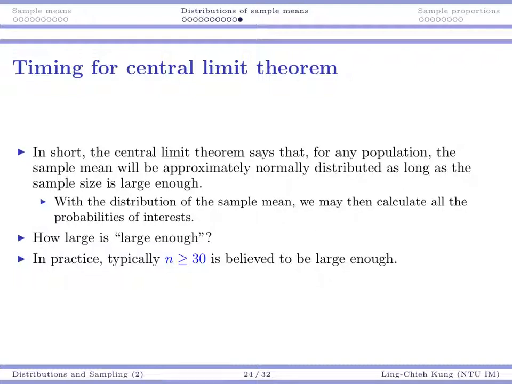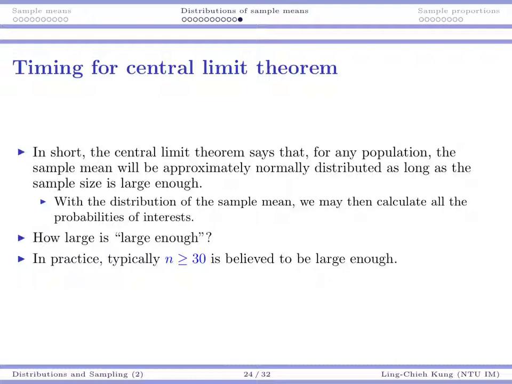Typically, it's because we know nothing about the population, and that means we do not know whether the population is normal or not. It's hard to say whether the population is normal in general, but if you just want to apply the central limit theorem, you don't need to know it. Central limit theorem applies to any population.